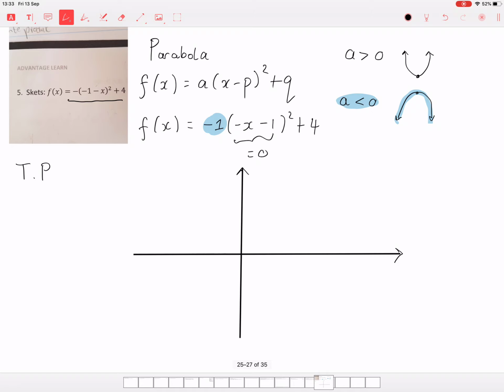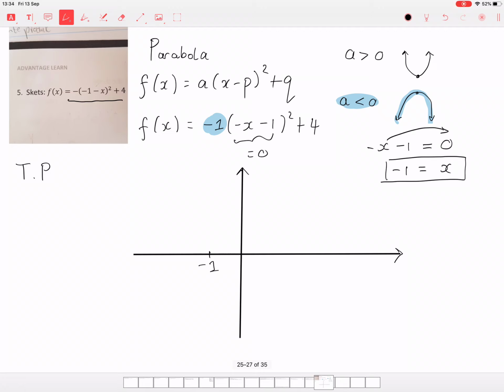My turning point, how to identify that? Well, I need to make the brackets equal to 0. So I need to make negative x minus 1 or negative 1 minus x, whichever way you've written it, equal to 0. I'm going to bring negative x across to the other side to make it positive x. And I see the x value of my turning point is negative 1. So there's negative 1 there.